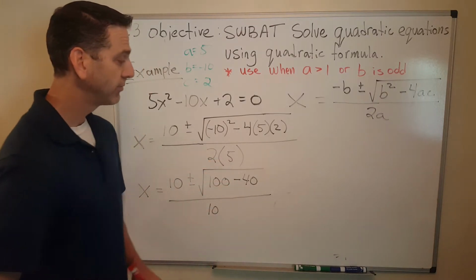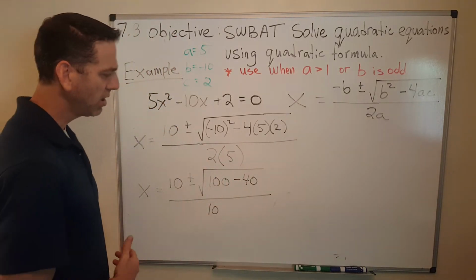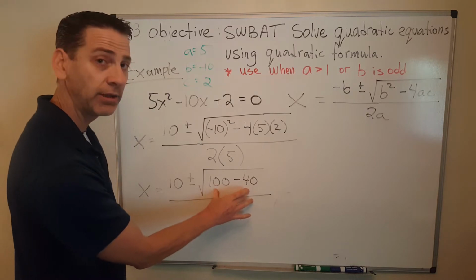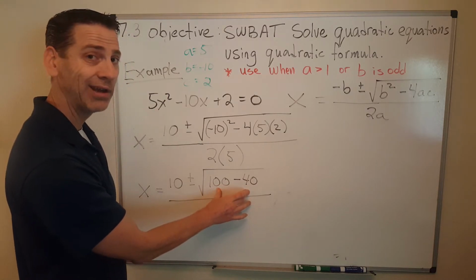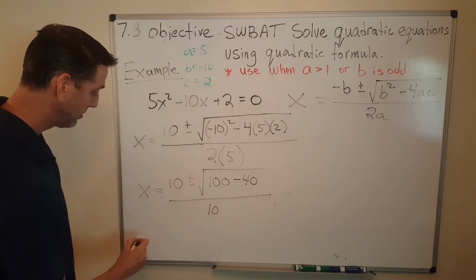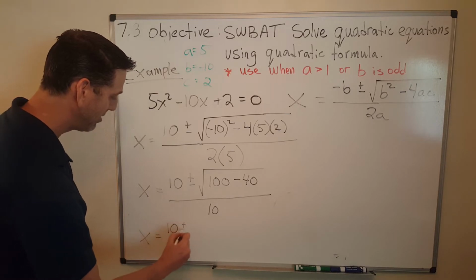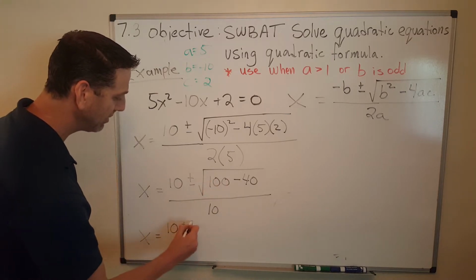I'm just kind of cranking my numbers here. I have one more thing to do in this radical. I need to subtract 100 minus 40. You know what 100 minus 40 is? Well, 100 minus 40 is 60.